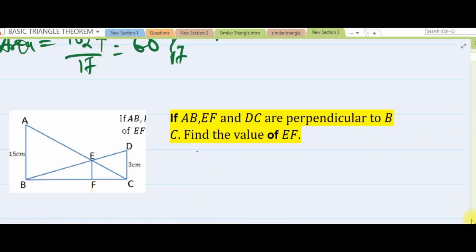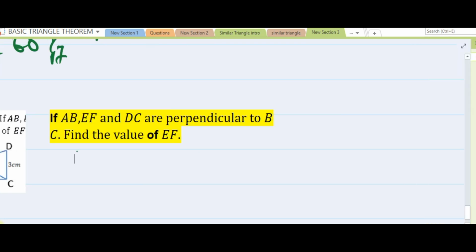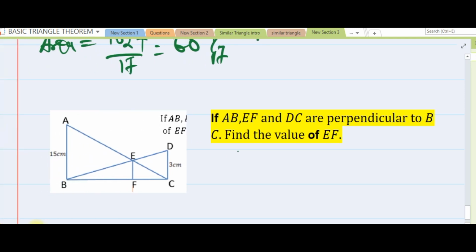Okay, the next question. If you solve it the normal way, it takes time. So there is a very nice formula for this.